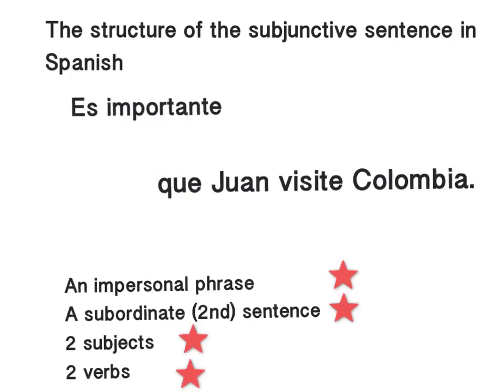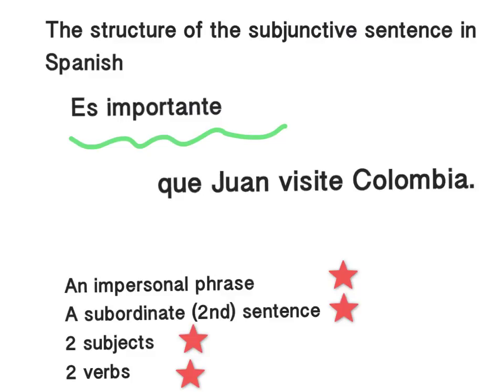So let's summarize. We need two sentences, two subjects, two verbs, and a subjunctive trigger. Now this is another sentence in the subjunctive, and it's a little bit different, okay? We don't have two subjects. What we have is an impersonal phrase.